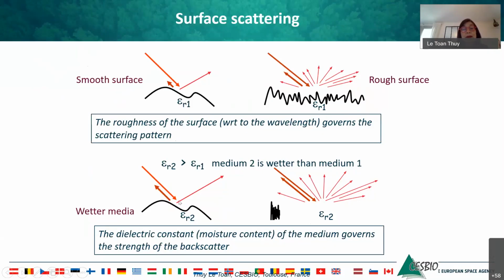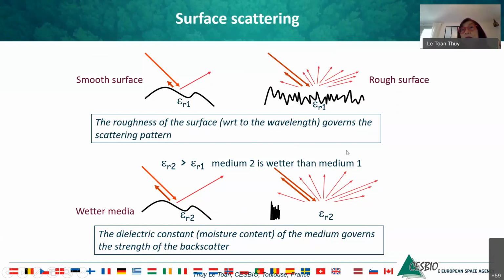The dielectric constant of the medium: if you have more water, the soil is wetter, the wave cannot penetrate, so more wave goes back to medium one. The dielectric constant is related to soil moisture, and roughness is relative to the wavelength.